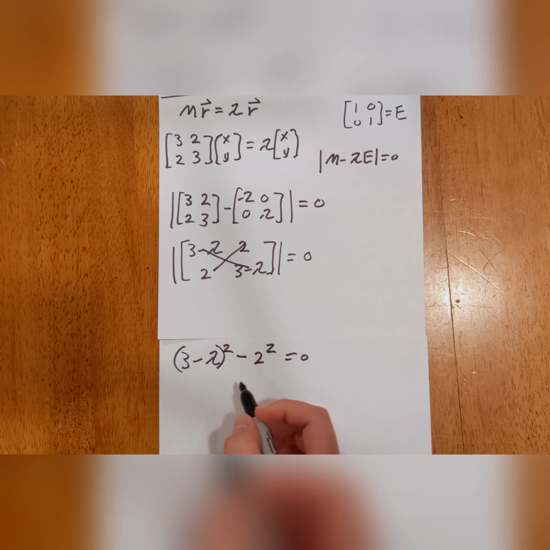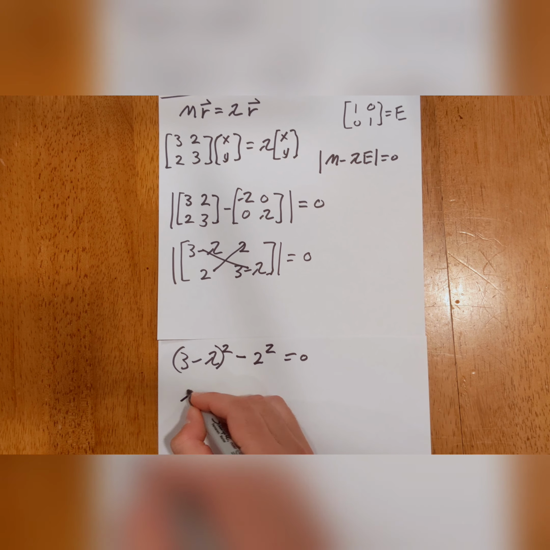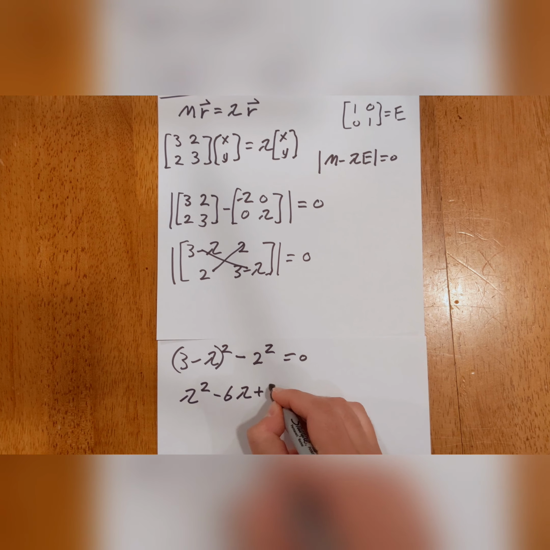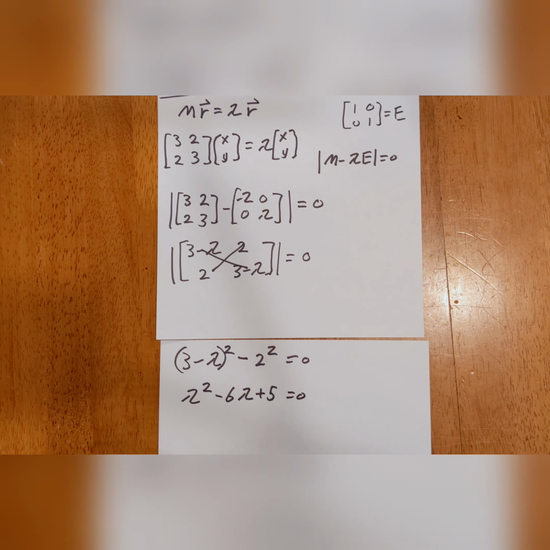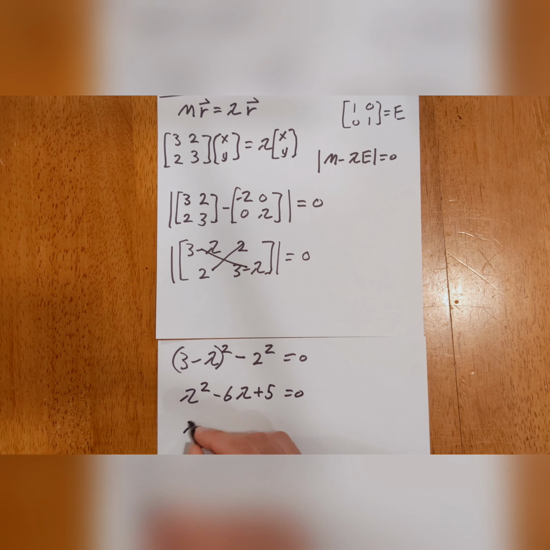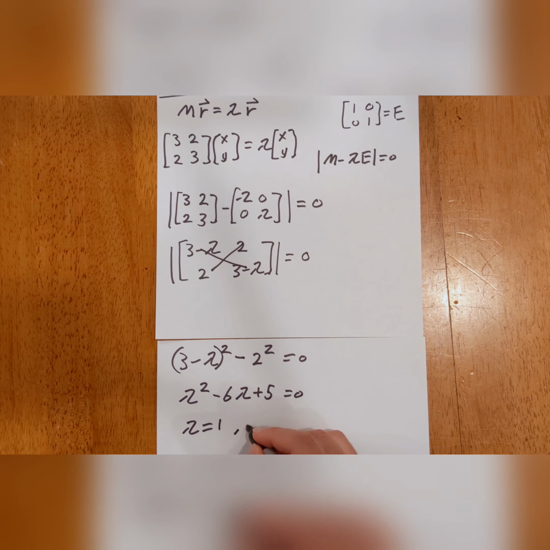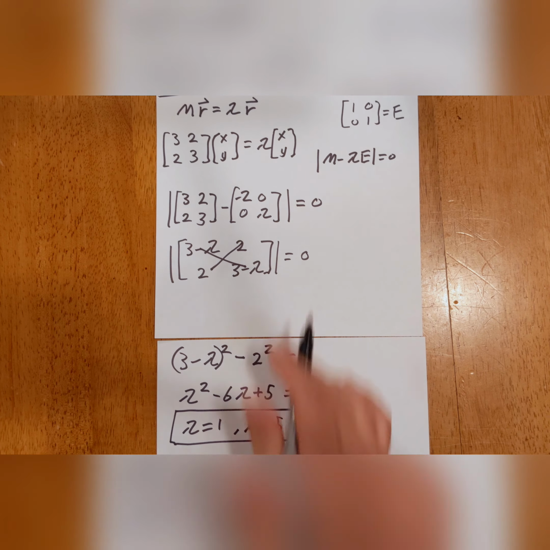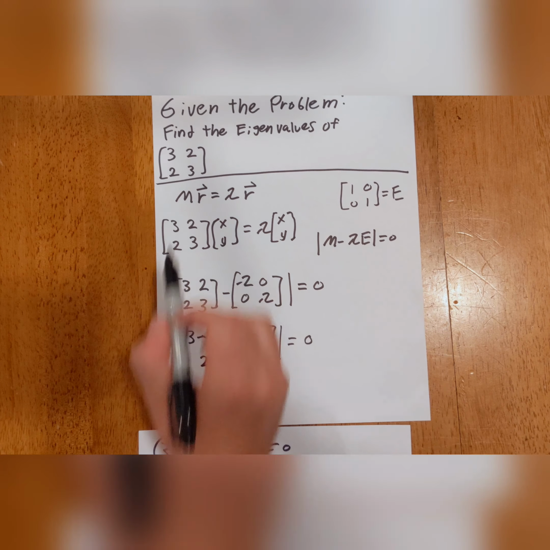Now we can factor this, and we get lambda squared minus 6 lambda plus 5. And factoring this, we get lambda equals 1 and lambda equals 5. So these are our eigenvalues for the matrix [3, 2; 2, 3].